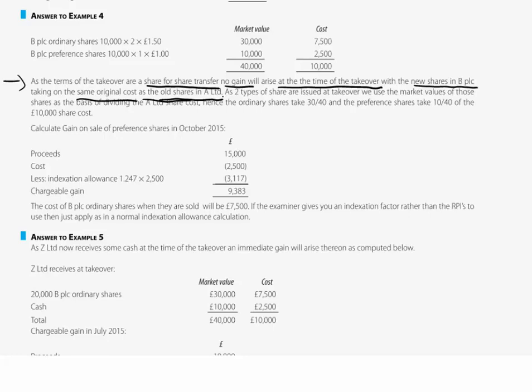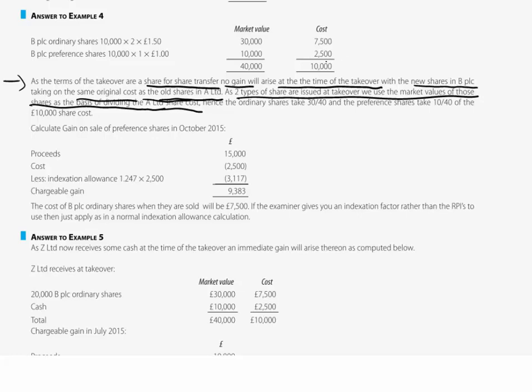So, with the new shares in B plc taking on the same original cost as the old shares in A Limited, and would also take on at the time of takeover the index cost. But as we've said, there are two types of share being issued. Therefore, we use the market values of those shares as the basis for dividing the A Limited share cost.